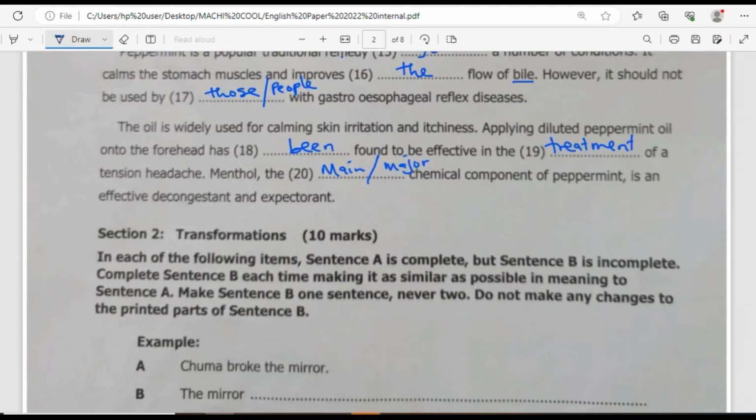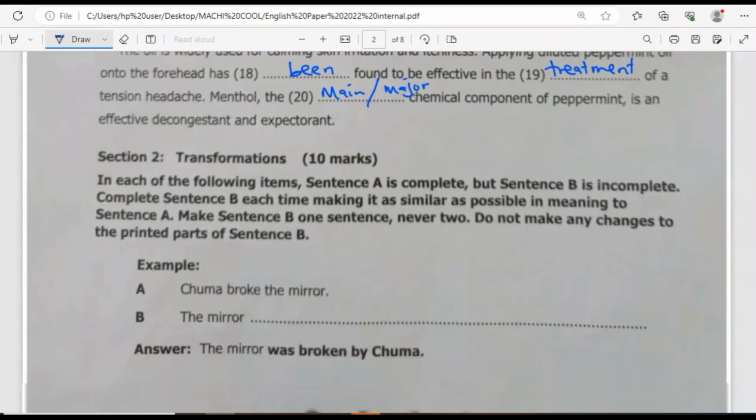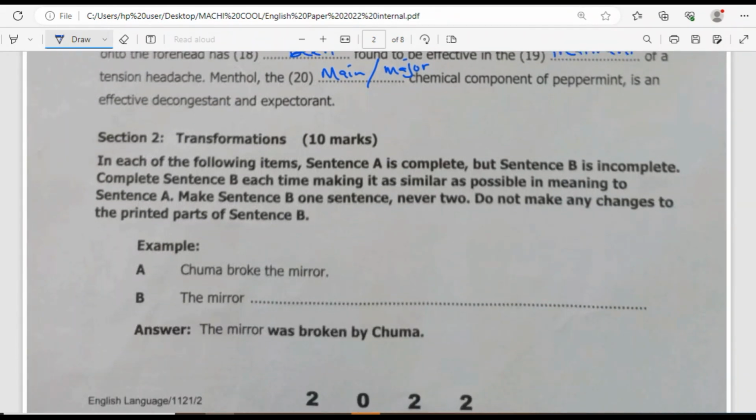Okay, we've moved to transformations. We are saying that in each of the following terms, sentence A is complete, but sentence B is incomplete. Complete sentence B each time, making it as similar as possible in meaning to sentence A. Make sentence B as one, never two.